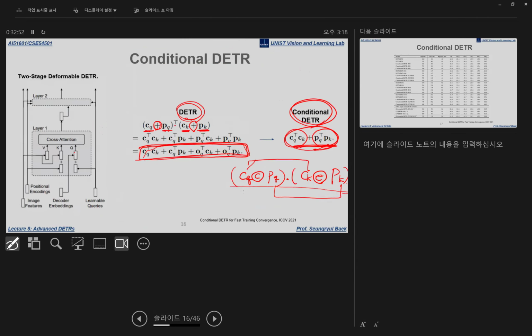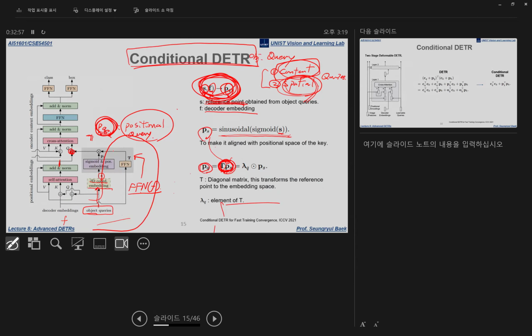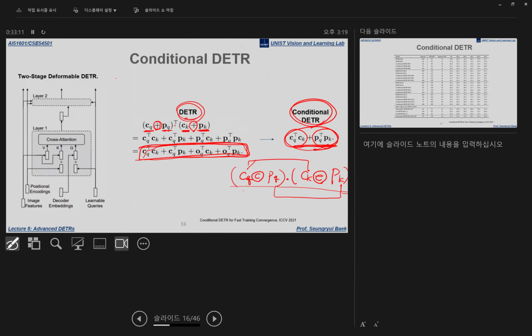So thanks to this, the object queries, which previously didn't have any spatial information and didn't contain any image-specific information, now contain spatial information of the images.